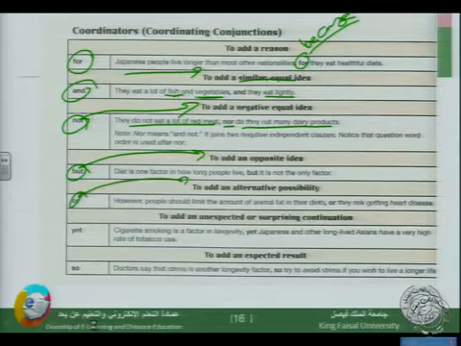Or is used to add alternative possibility. However, people should limit the amount of animal fat in their diets, or they risk getting heart disease. Or, so here it gives you an alternative possibility. Yet is used to add an unexpected or surprising continuation.